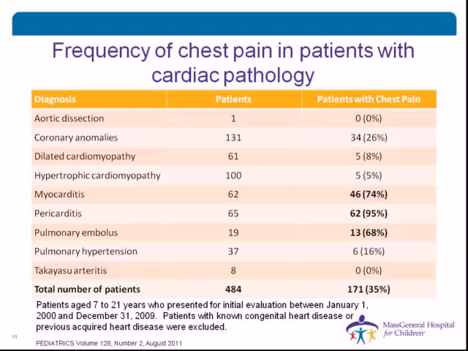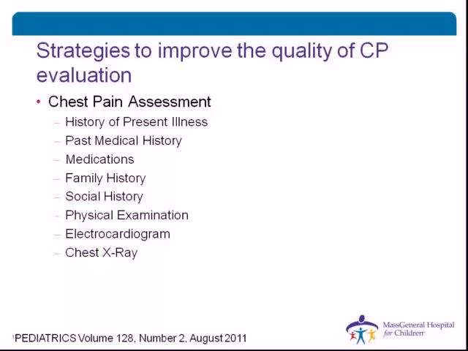Overall, among all the lesions associated with chest pain, only 35% of them actually presented with chest pain as their presenting symptom. This work has led to different strategies to improve the quality of chest pain evaluation in pediatrics.